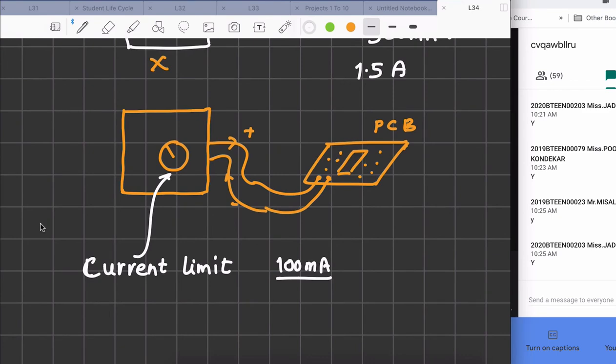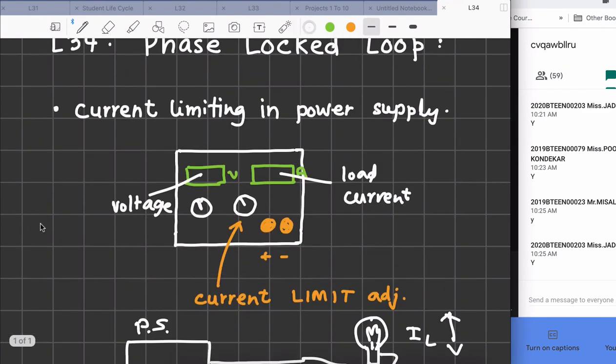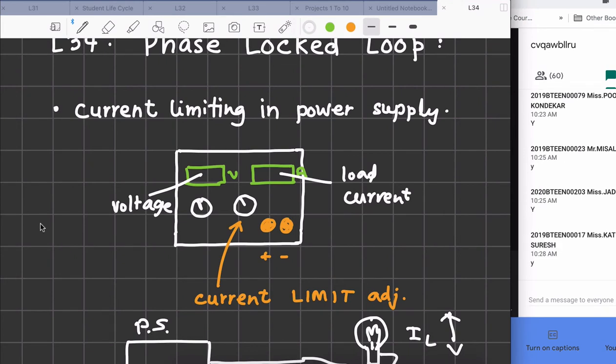Did you understand the difference between current drawn, load current and current limit? Current limit is set by the power supply. Load current value is decided by the load resistance or whatever is the load. It may be a PCB, it may be one more instrument or whatever.